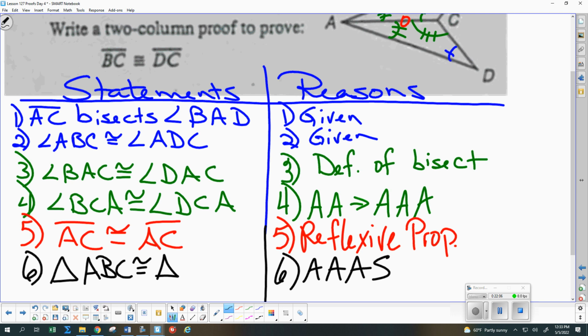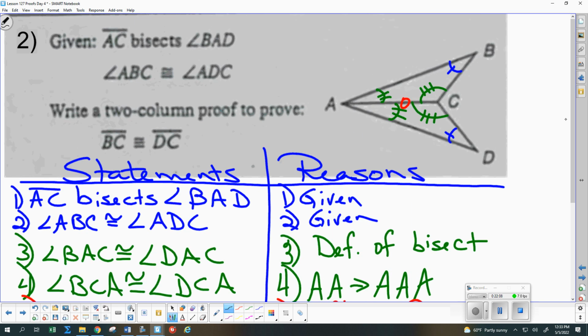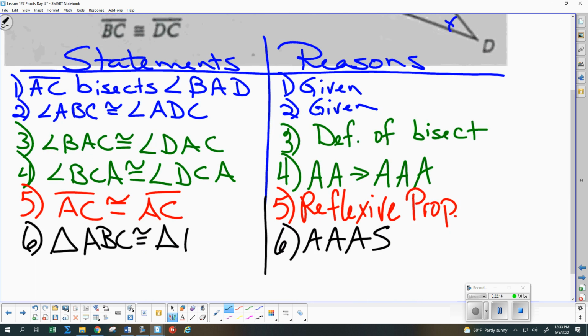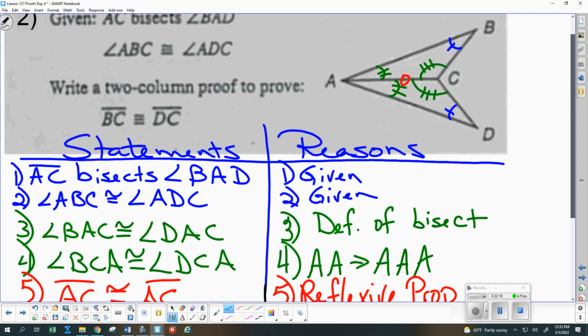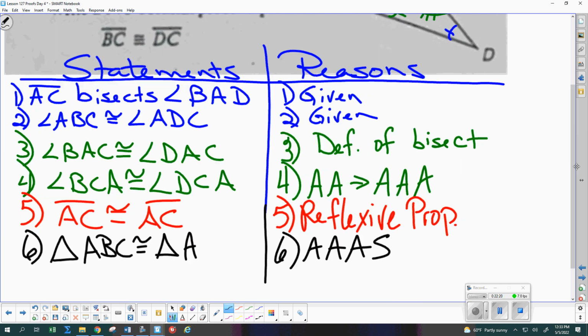And then I need to look up here. So A had 2 tick marks, and in the bottom, A also has 2 tick marks. B was my next letter. It has 1 tick mark in the top one. D has 1 tick mark in the bottom one. And that leaves C. And the C's both have 3 tick marks.